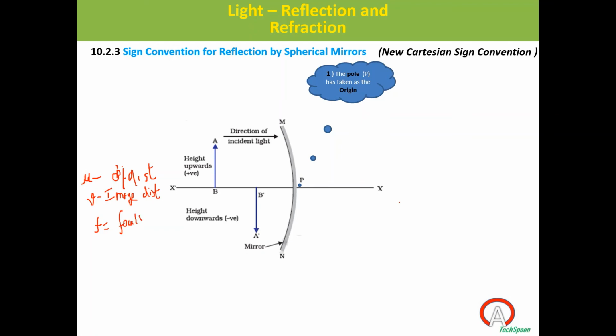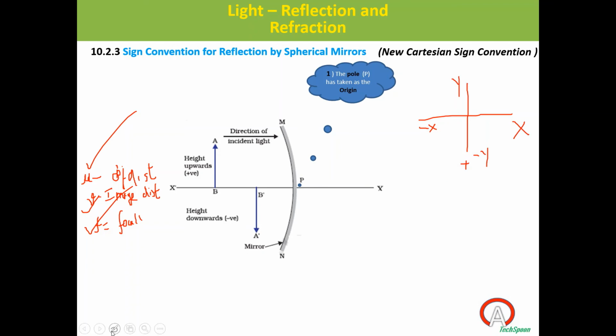So the object you can place at any point, and the image will be on the same side or the opposite side, depending on the nature of the mirror. So we have to find out the sign of the object distance, image distance and focal length. Suppose a Cartesian system with x axis and y axis: this will be minus x, this positive y, and this minus y.